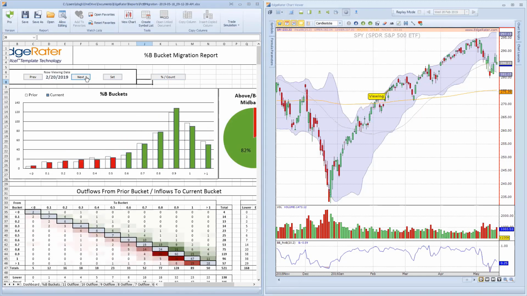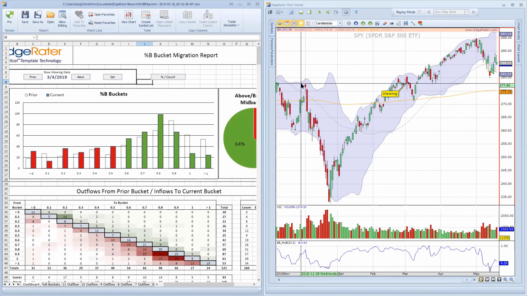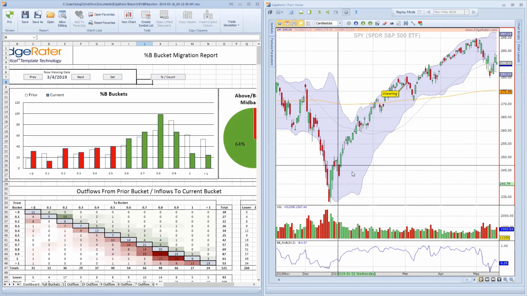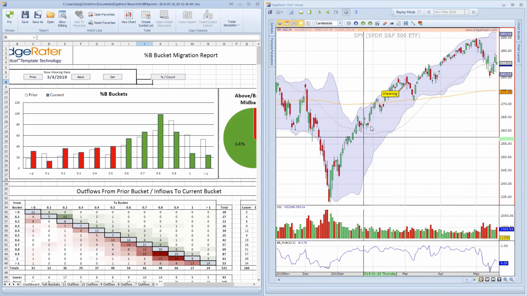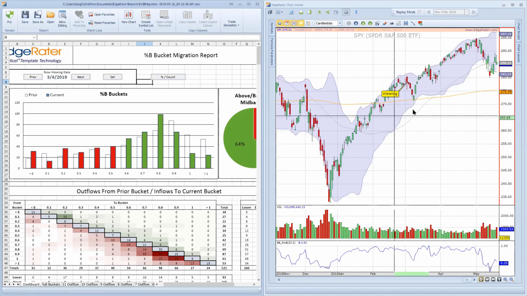And then you'll get to a situation like this day, where probably a lot of people, because you had reached back to these highs over here, were perhaps expecting the downtrend. I think a lot of people, when the market was coming up in January and February, were looking for a continuation of this down move.